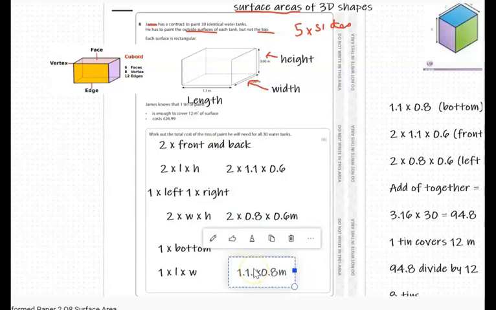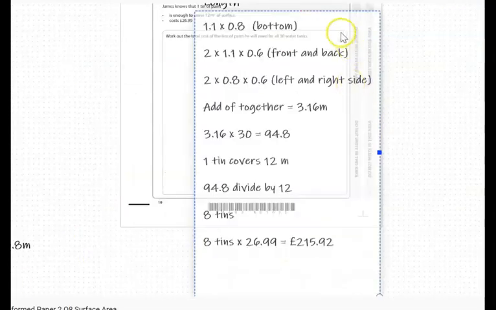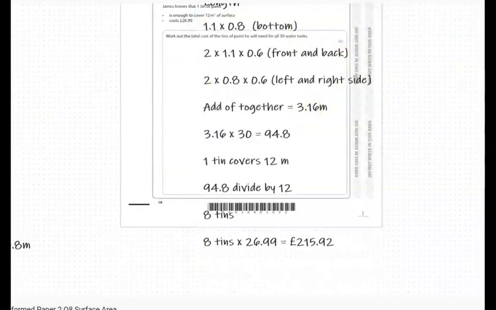Okay, so there's all the measurements that you have to do, and then you need to add them all together. So I'm just going to clear the screen and bring something else across just to make it a bit clearer. I'll put all the measurements that we dealt with at the top half here, and the instructions are to work through the sums and then add them together. So add them together, you get 3.16.